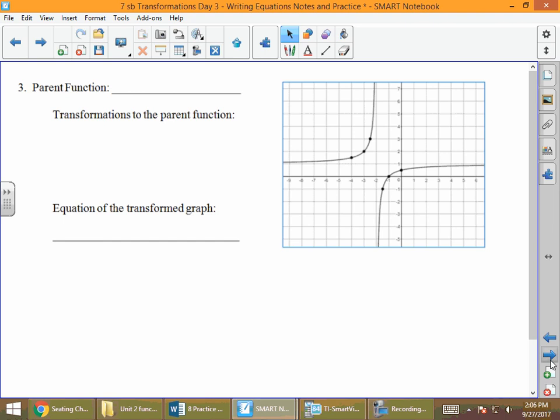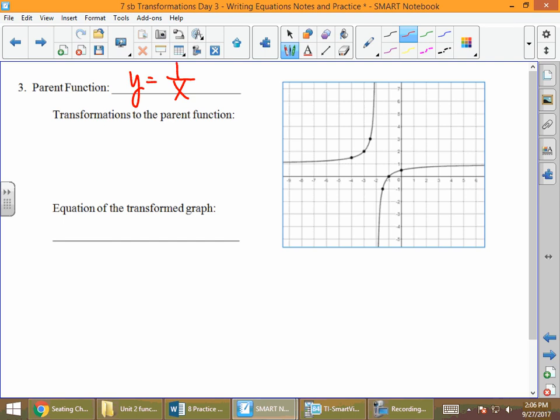One last function to look at here. And we need to identify the parent function. And hopefully you see that it is y equals 1/x. Once again, I'm going to erase it because it will jumble it up. So I don't know if it's helpful for you to write this down or not.